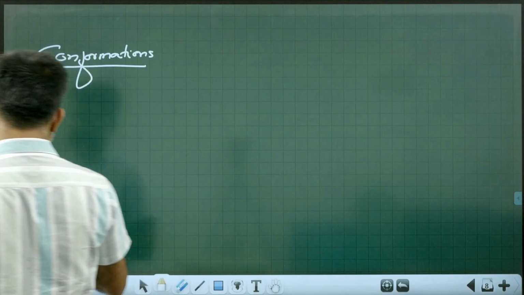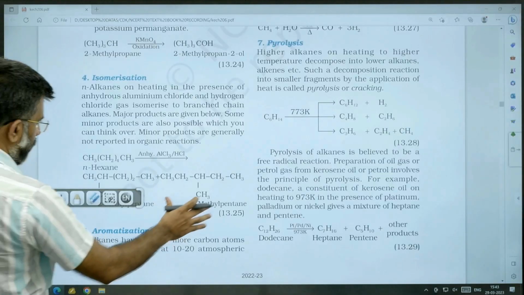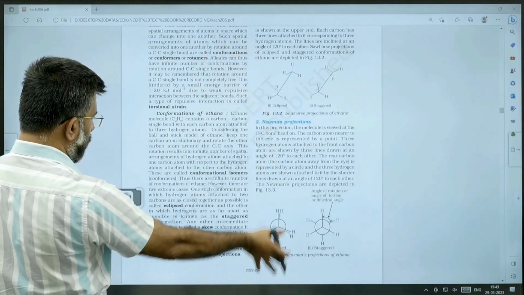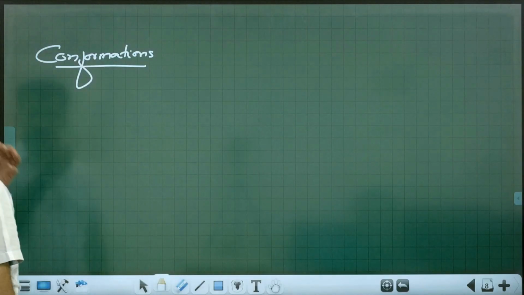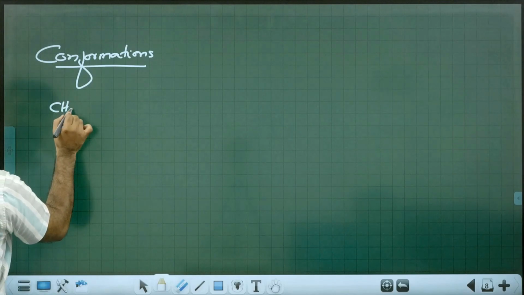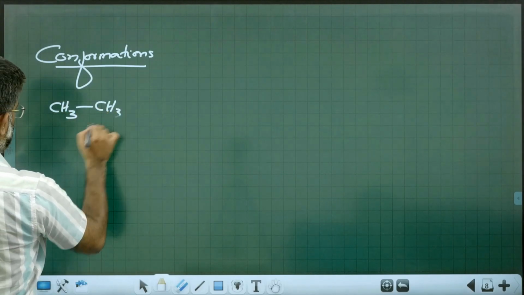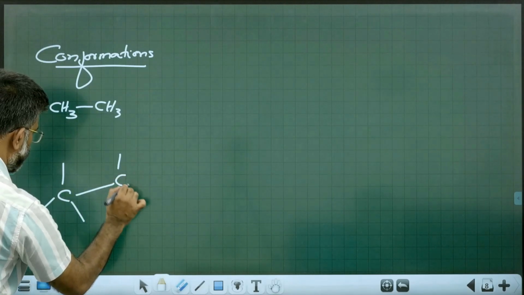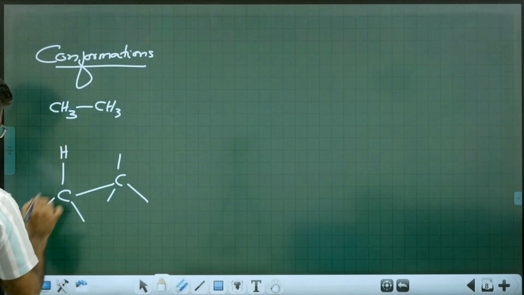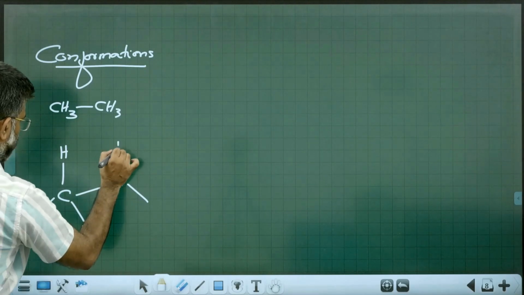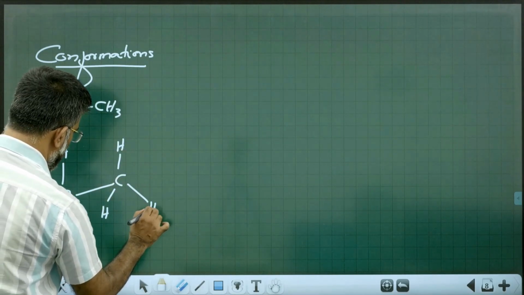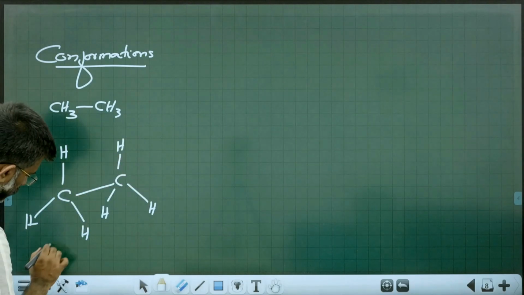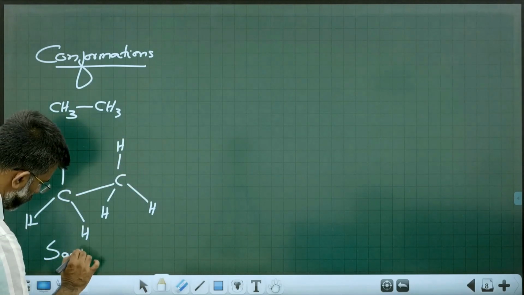Suppose we take ethane. It is explained somewhere in this area. If you take the molecule ethane, CH3, the molecule may be represented like this. Hope you find the two hydrogen atoms coming in the same line. This way of representation, we call it the Sawhorse projection.